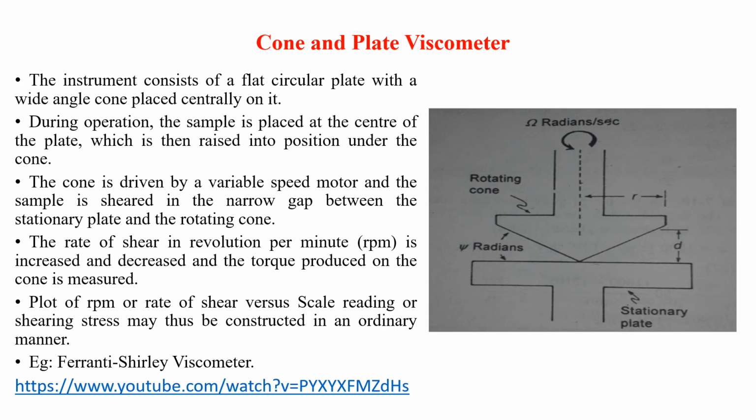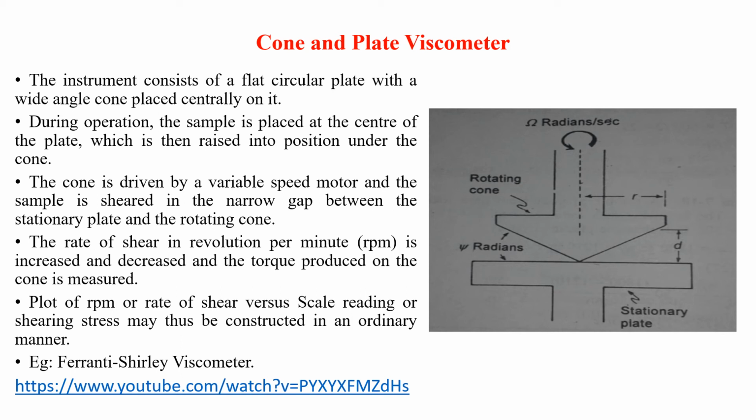During operation, the sample is placed at the center of the plate, and slowly it is raised so that the tip of the cone and the plate touches. Now this cone is attached to a motor which helps the cone to rotate with variable speed.